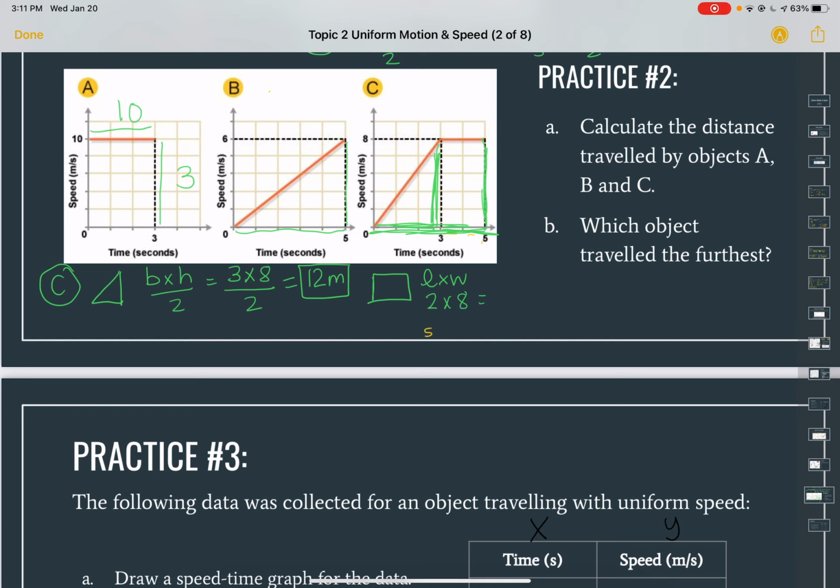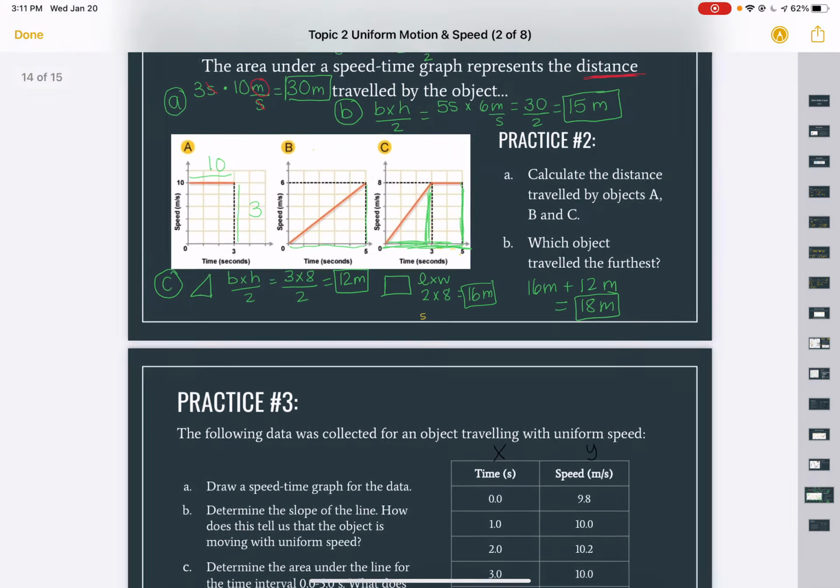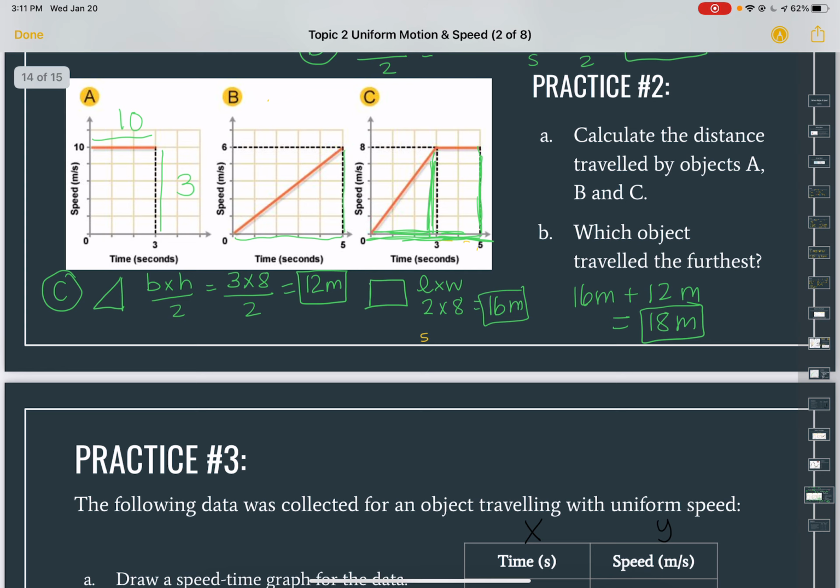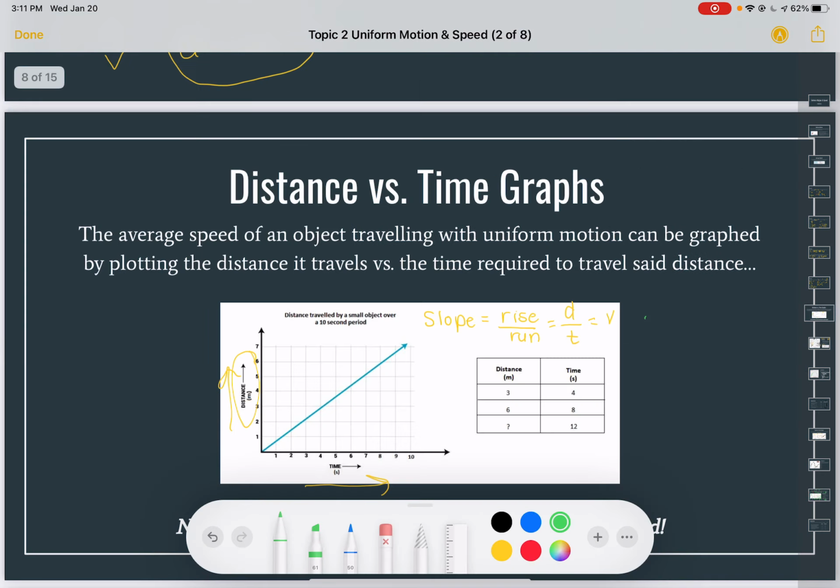So that gives us 16. And that's meters. So if we add 16 and 12 together, that'll give us a total of, not 18 meters, 28. Sorry.